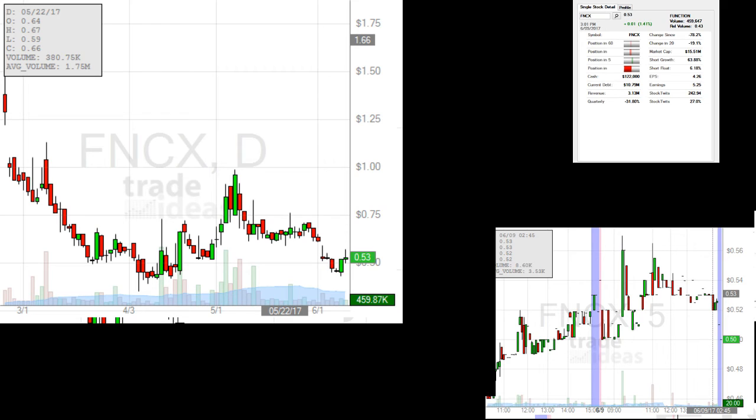Even as obvious as it is that FNCX has been nothing but a horrible stock, you do not want to short a stock that is starting to build a support and is up from its lowest lows over the past 2 weeks, 3 weeks, month.